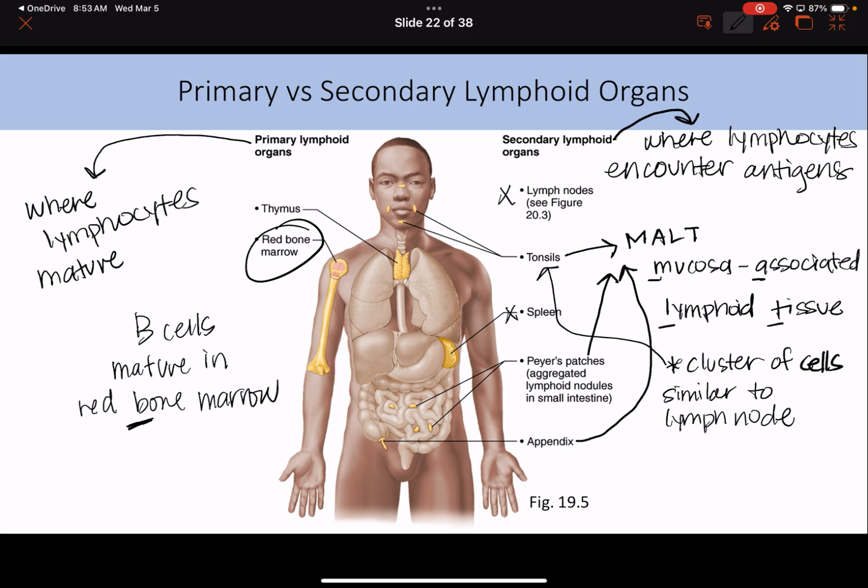Their job is to first survey things that come through. If something is pathogenic or foreign, they then capture it and destroy it. But their main job is to survey first. Then if they do find something that doesn't belong, that could potentially be harmful to the body, they capture it and destroy it.